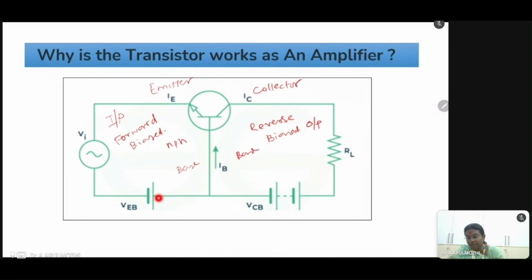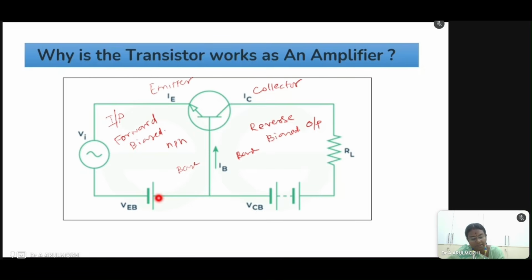And here, if you see the signal's polarity, without any change, there is preservation of this forward bias, and an amplifier-coupled transistor is given in the diagram.